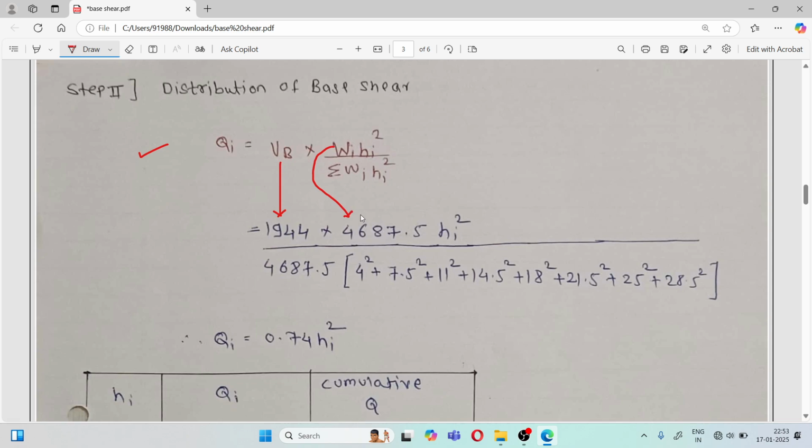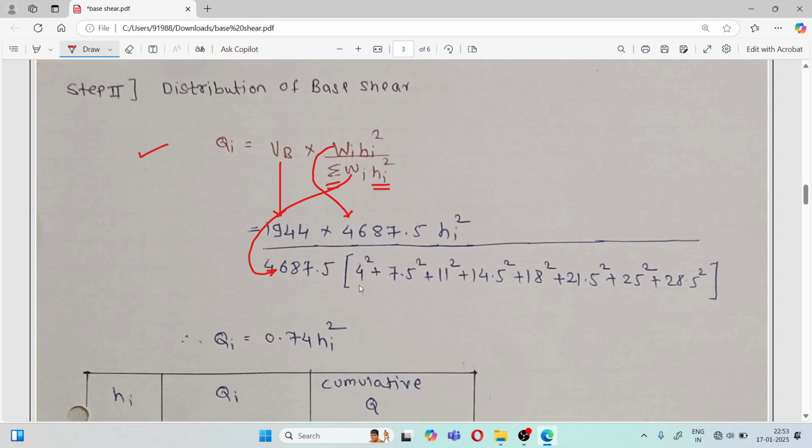As we have all the stories, we can use this method. So I have written the weight of the story. Here I am keeping Hi as it is. Then Wi again the weight and then Hi square, but here it is a summation.